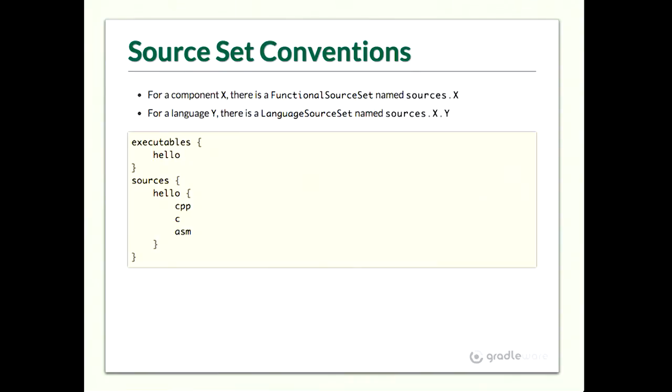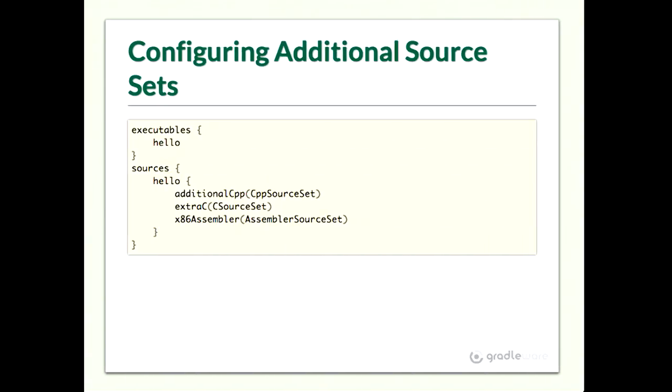We have the equivalent here: src, hello, cpp, c, and asm. So if you look at the lab we just did, there was a source directory, src, there was a hello directory, and there was a cpp directory, and under that there was a file with the .cpp extension.